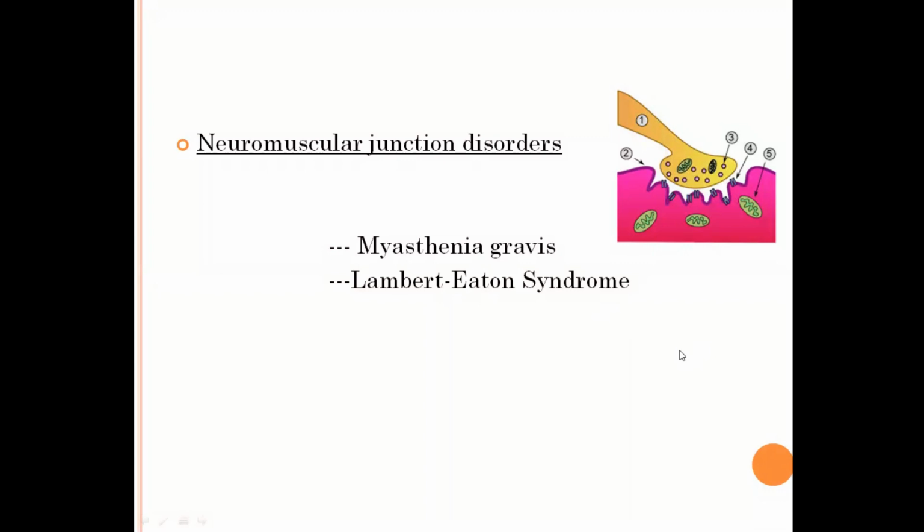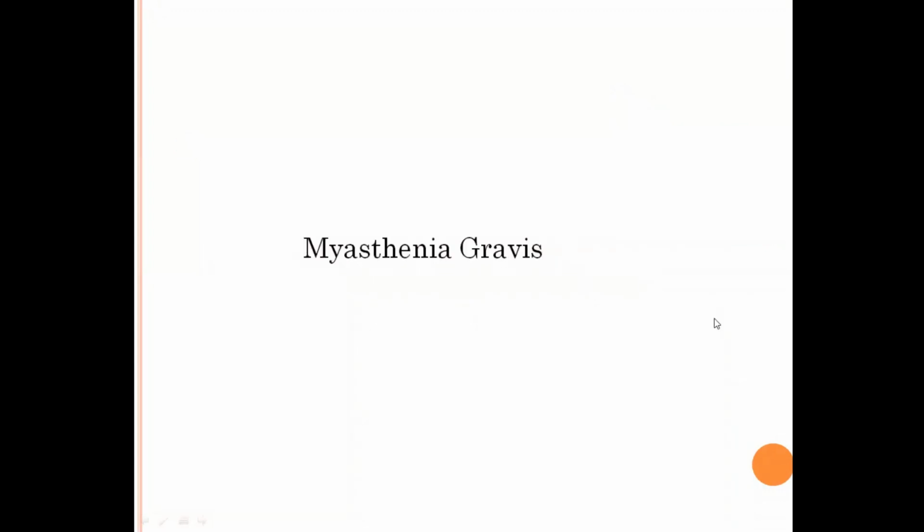We will go into a little more detail now. So we first talk about myasthenia gravis. It is no more gravis in the sense that at one time when it was described, all myasthenia patients had a very grave disease in the sense that they used to die of respiratory paralysis.